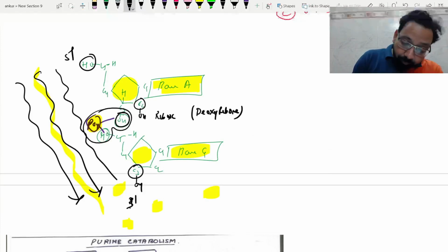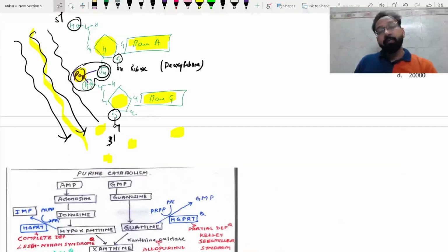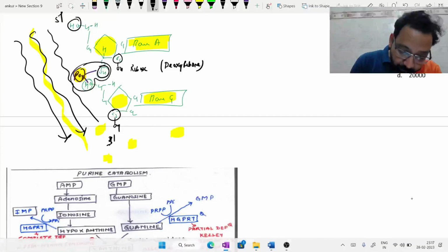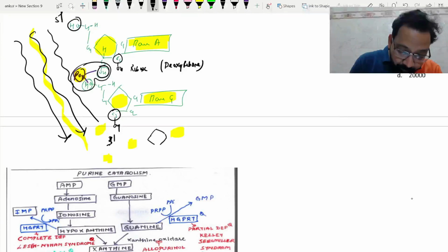Now DNA synthesis always occurs in the 5 to 3 direction, meaning if you want to elongate this DNA, a new nucleotide will be joined at this position. Suppose I take C1, C2, C3, C4, C5. C5 has HOH, C3 has only H, I don't mention OH.